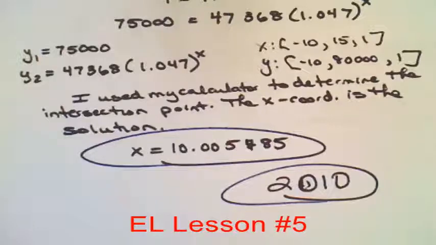So that's what x is. x is the number of years after 2000. It's 10.00 years after 2000. In what year? 2010. Okay, it happened in the year 2010. It was 10 years after 2000, 2010.